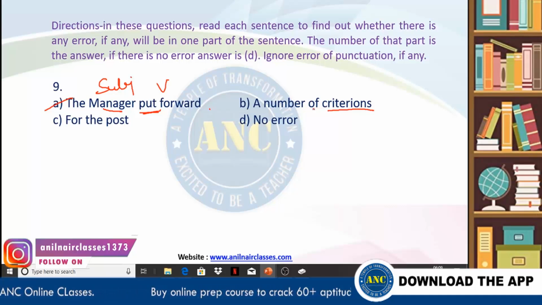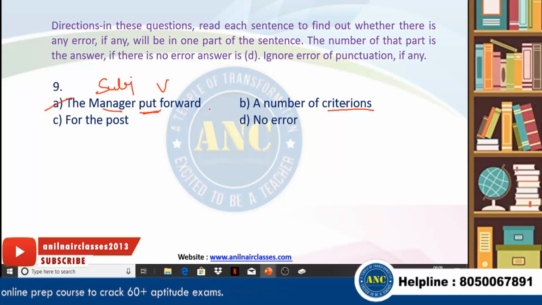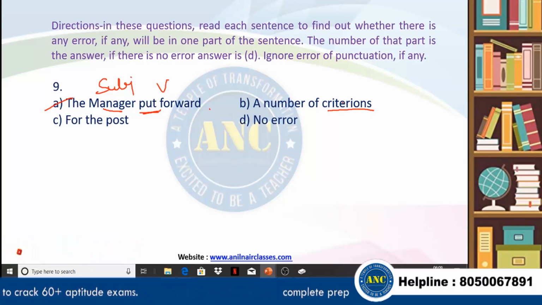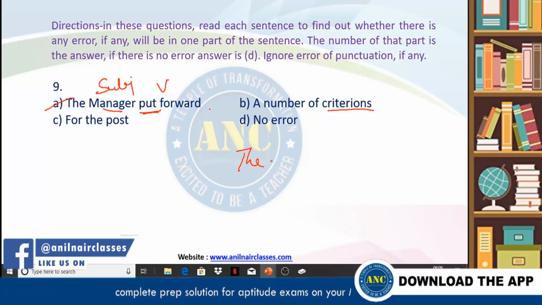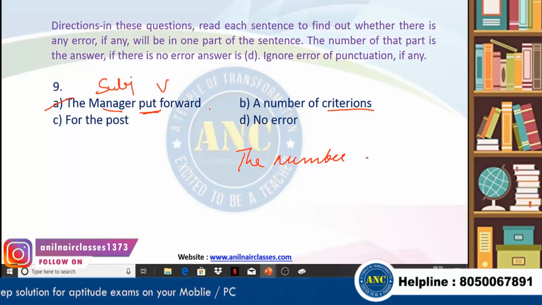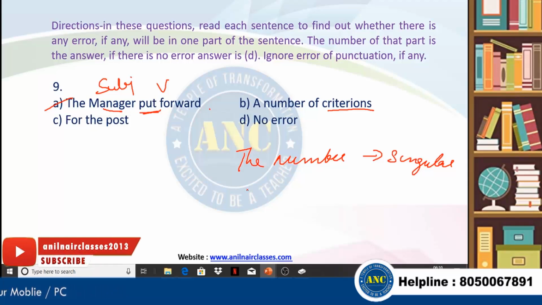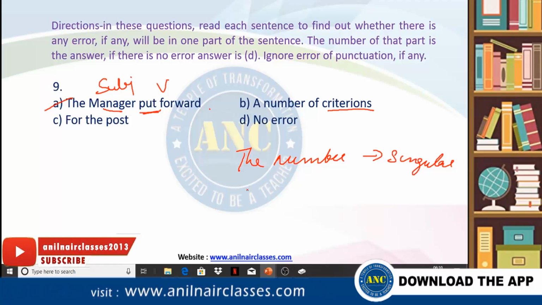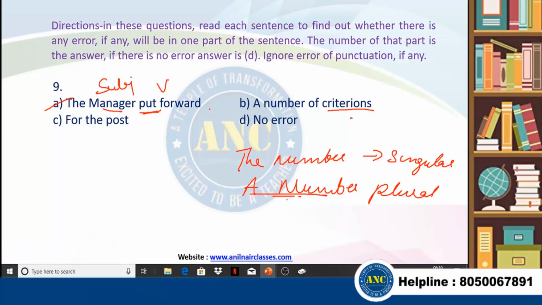A number of what? After a number of, we always need a plural. Learn it like this: a number of is always plural. So when we know that a number of is plural, can you put criterions over here? Criterions is singular.